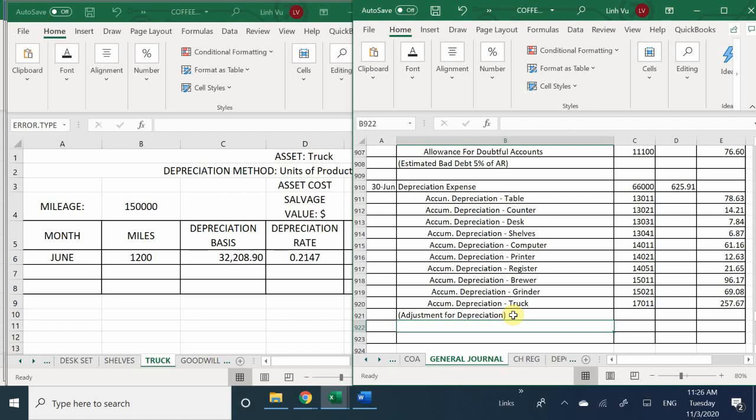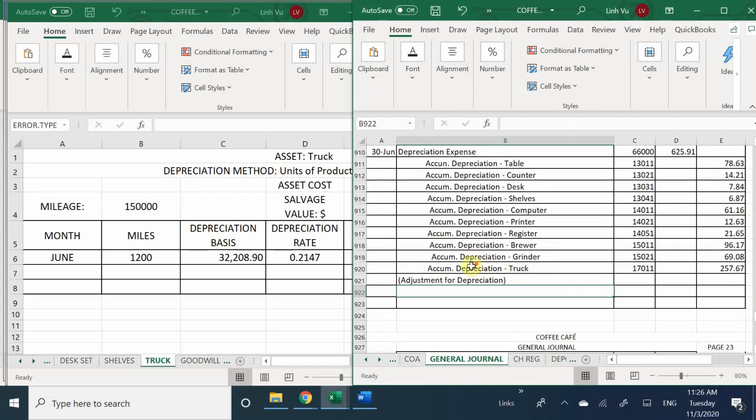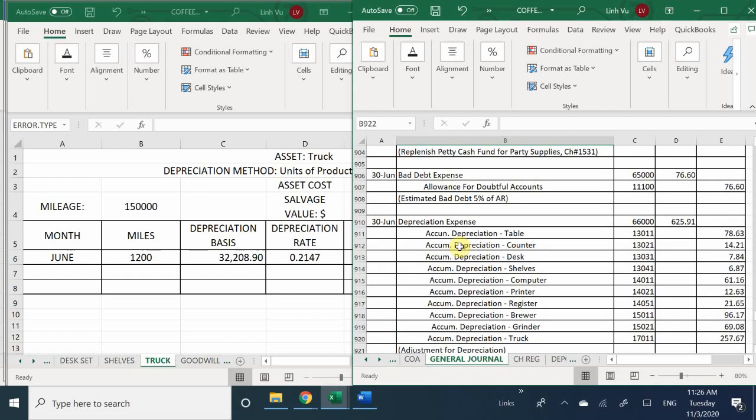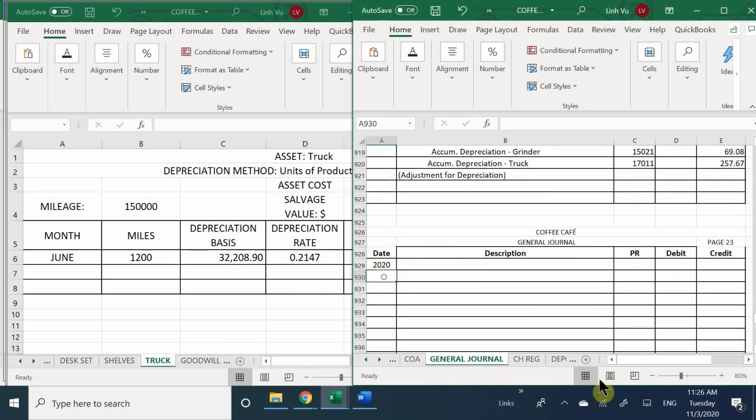And since we're already here in our journal, let's go ahead and journalize the amortization expense for the goodwill, so then we can place them all in our ledger all at once. So, amortization expense. Okay. And what is my account going to be here?